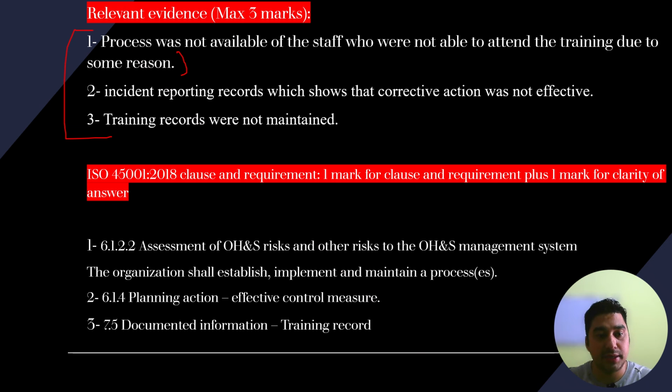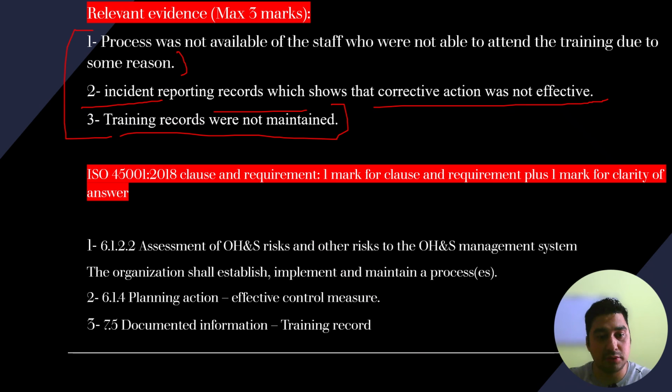The second thing is the incident reporting records, which show that the corrective action was not effective and the same incident was repeated. Training records were not maintained. As per a statement of the HR and occupational health and safety manager, they are not maintaining the training records for the staff. So these are the 3 pieces of evidence that you can refer to.